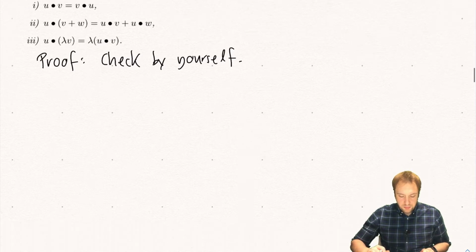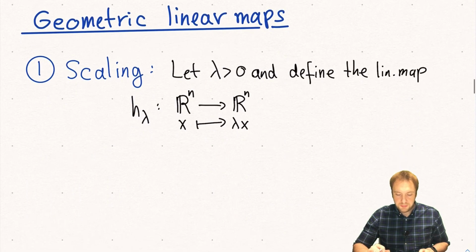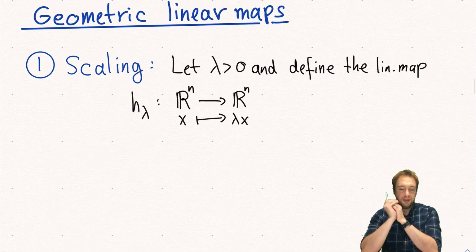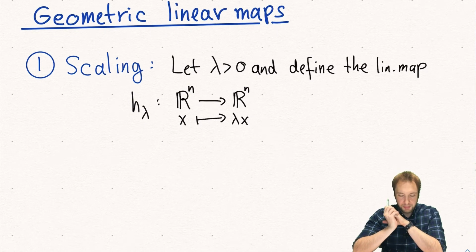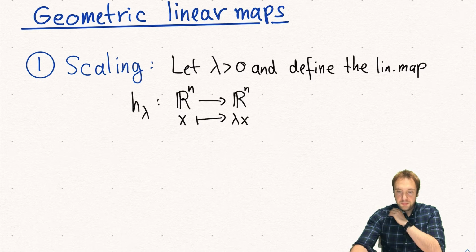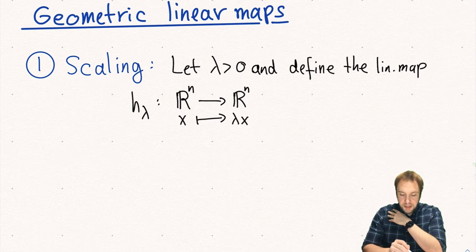And now we want to give a list today of several geometric linear maps. And the first one is quite simple. It's scaling.